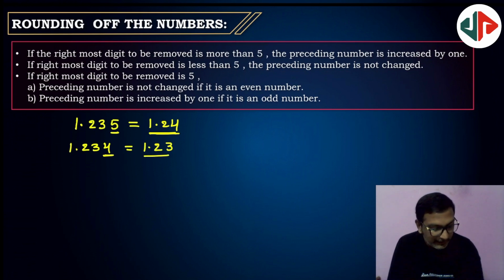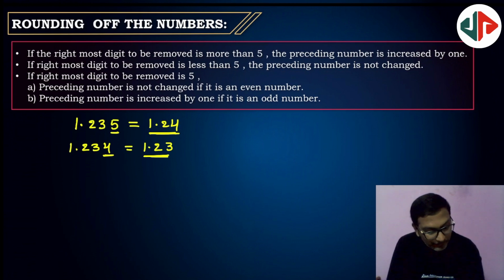Therefore, answer 1.23. No need to change preceding number. So here 3 is changed to 4 because last digit is 5 or more than 5. Next here, no need to change 3 because the last digit is less than 5.